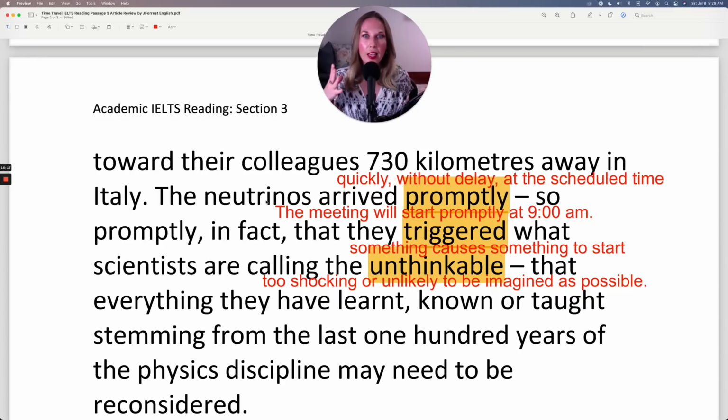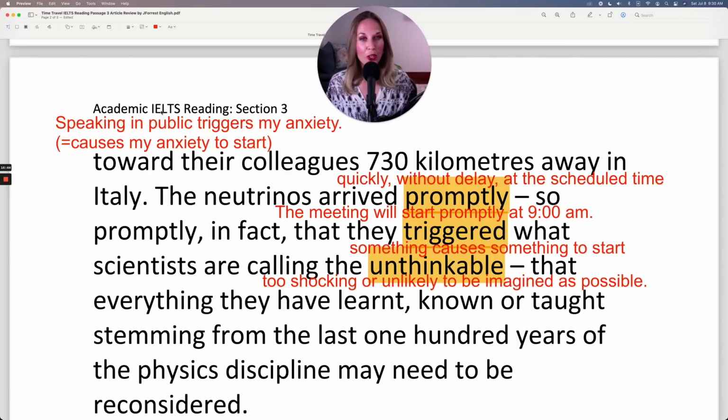And that something else is that scientists are now rethinking time travel. So that's the something. You could say, for example, speaking in public triggers my anxiety. So speaking in public causes my anxiety to start. I wrote that example here for you.